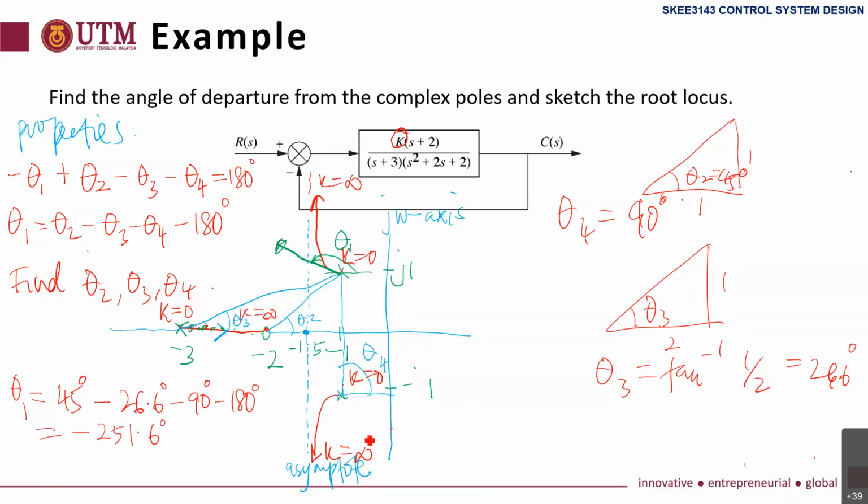Minus, that means if you convert to positive, we get 108.4 degrees. That means theta here is 108.4 degrees. This is known as the departure angle.